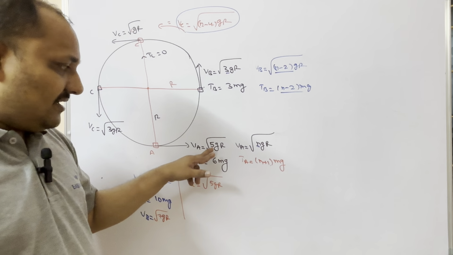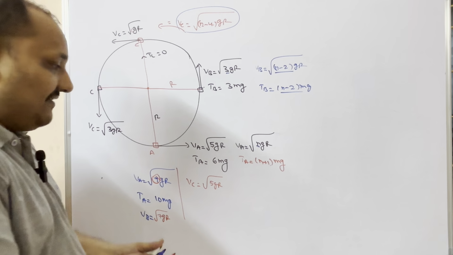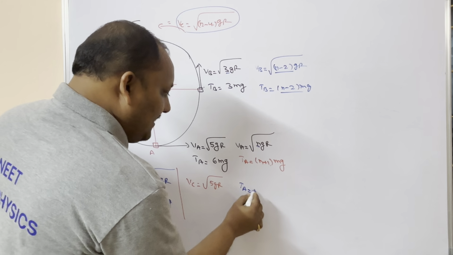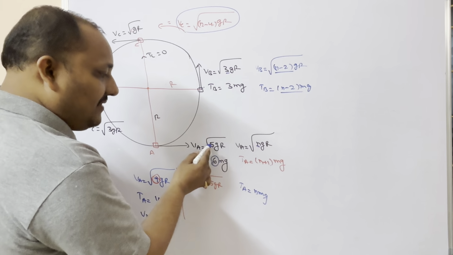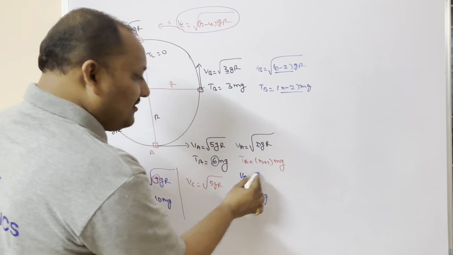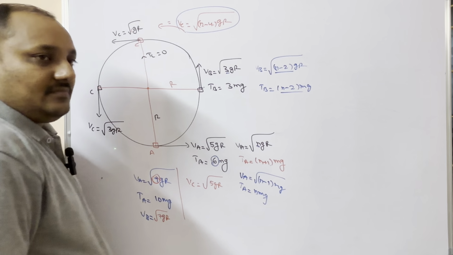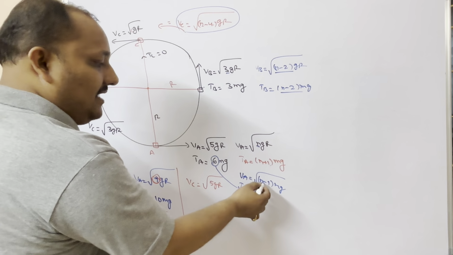Sometimes here we have taken n plus 1. So this one is n mg they will give. TA is going to be n mg. In place of n, 6 is there. Now what should we write for VA? n minus 1 mg. Correct? So with this we are going n minus 1.